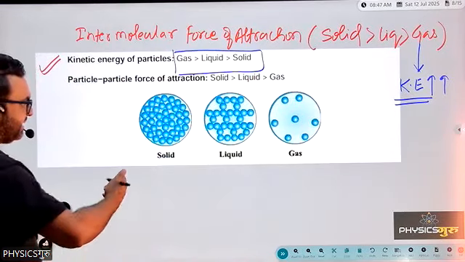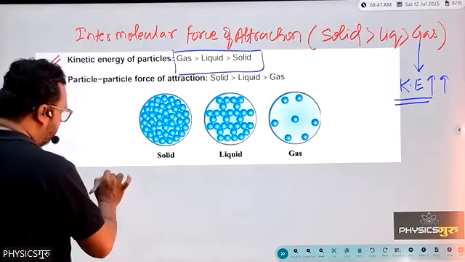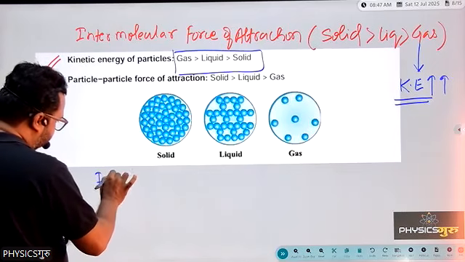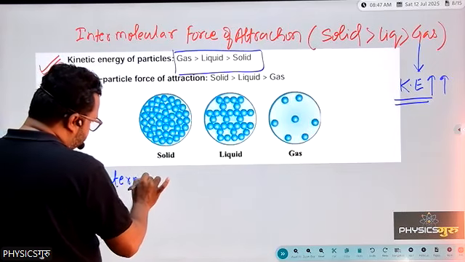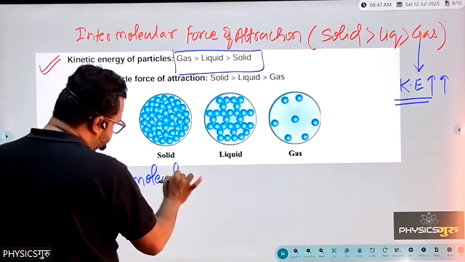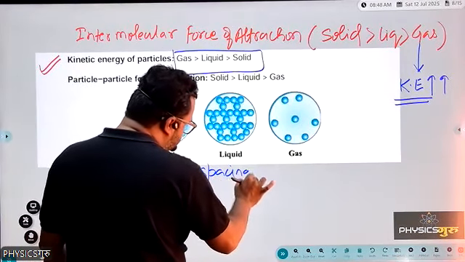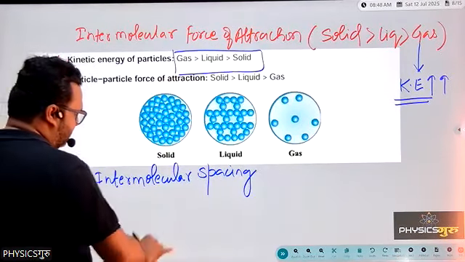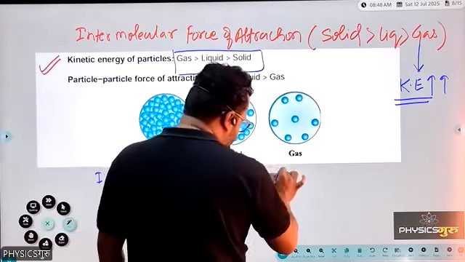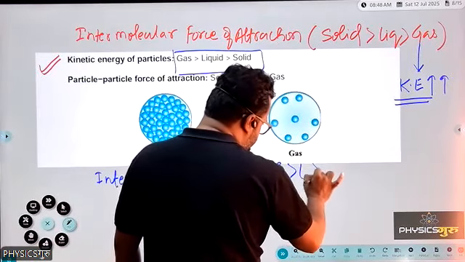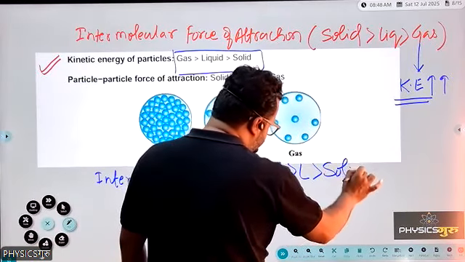As far as spacing is concerned, intermolecular spacing is maximum in gases, then liquid, then in solid.